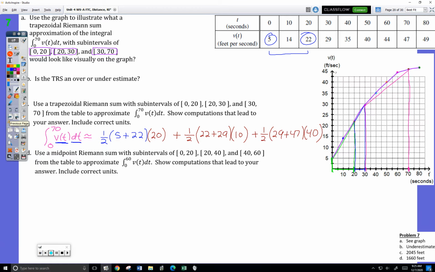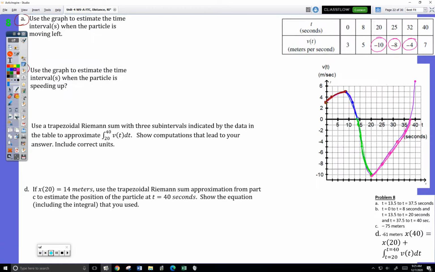Here's an example in the packet that you'll do as homework where they say, right here, Kayla, do 3 subintervals as indicated by the data in the table. So you just follow the table. They're saying do an integral from 20 to 40.